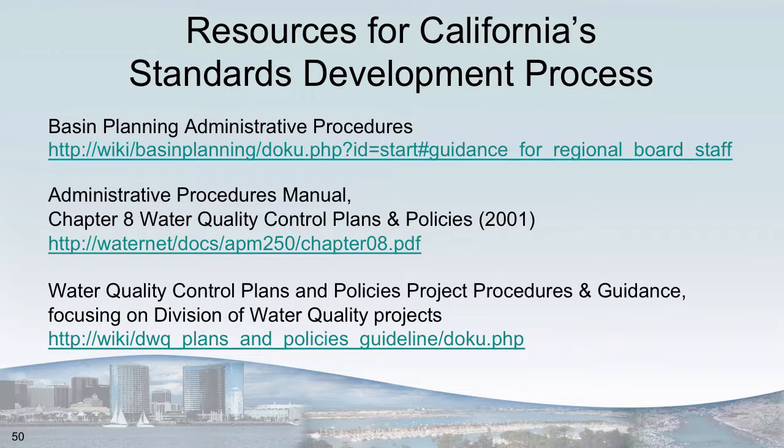And it is starting to take the form of this wiki, which is really looking at procedures and guidance for doing any sort of water quality control plan or policy amendment. I want to make sure you guys realize that as we are developing this, we are really trying to keep moving forward. So we're not looking at the whole possible universe of plans and policy amendment projects. We are really focusing on statewide ones for DWQ purposes here at the State Water Board, because we just need to keep getting something done.